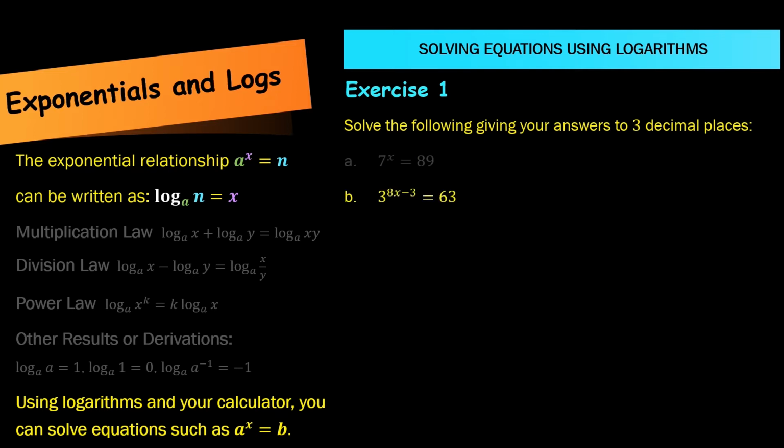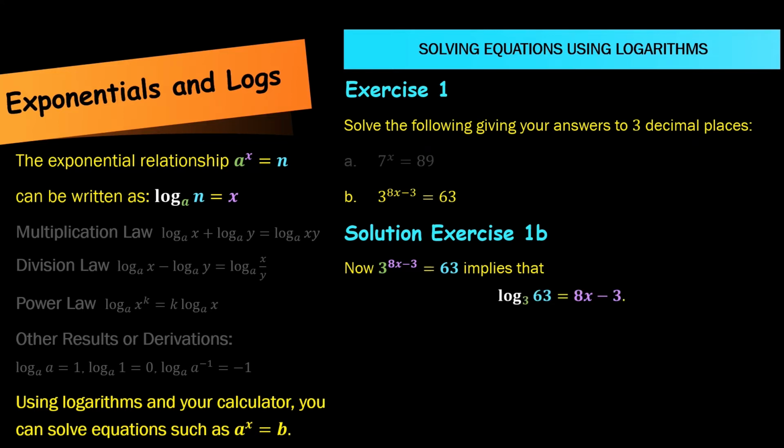And now for part B. We are required to solve 3 to the power 8x minus 3 equals 63. So let's solve this. Again, we're going to colour code, as shown on your screen, to give us that log 63 base 3 equals 8x minus 3, as shown.